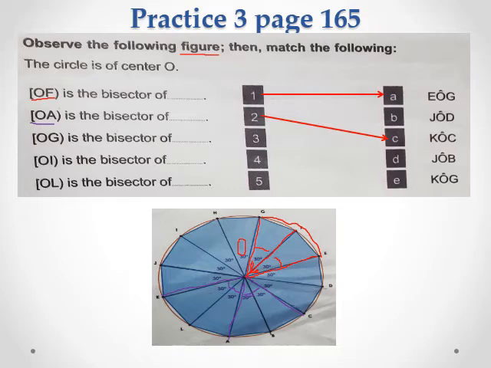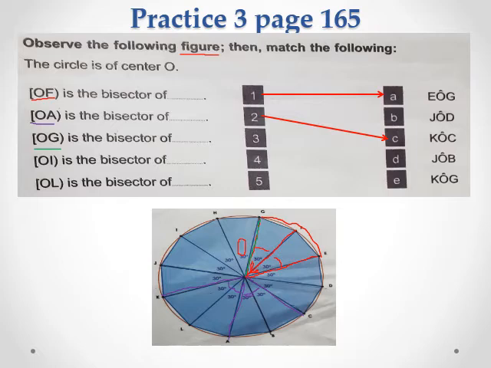Next one. OG is the bisector of what? This is OG. It divides the angle into two equal adjacent angles. Which angle am I talking about? I can choose one angle to the right and one angle to the left and name the whole angle formed.